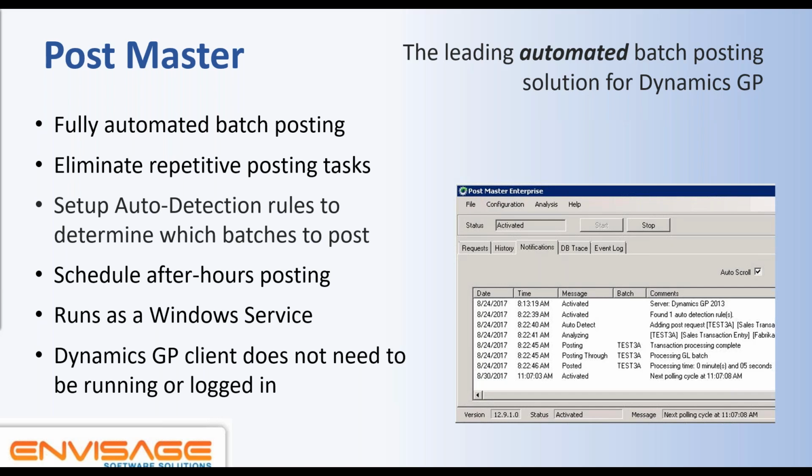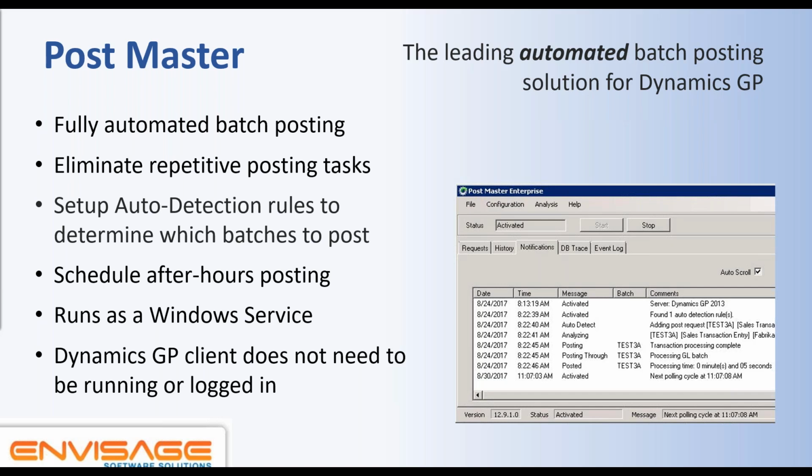Postmaster Enterprise is from Investage. This is a product that automatically detects and posts GP batches. So if you have integrations, intercompany transactions, maybe you use SalesPad, Key to Act, or another ISV that creates batches in GP, or you simply have to post batches around several companies, Postmaster can fully automate the posting process for an unlimited number of companies.